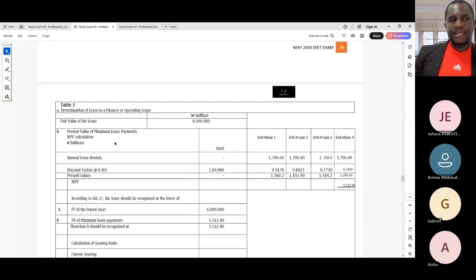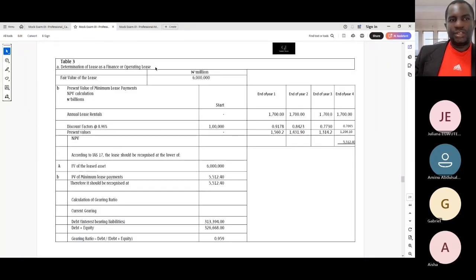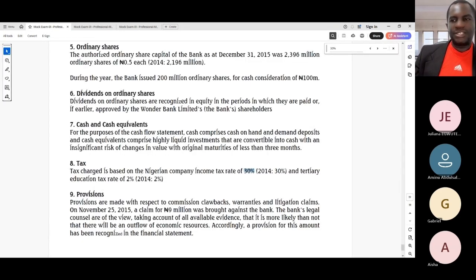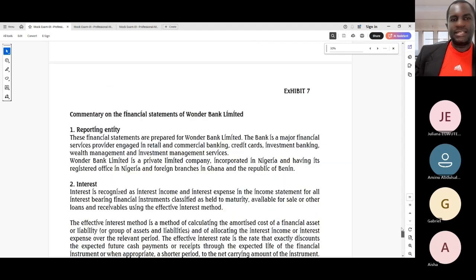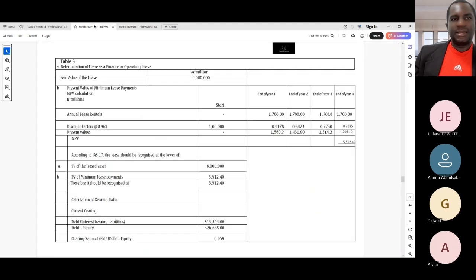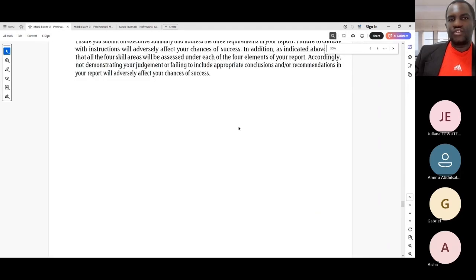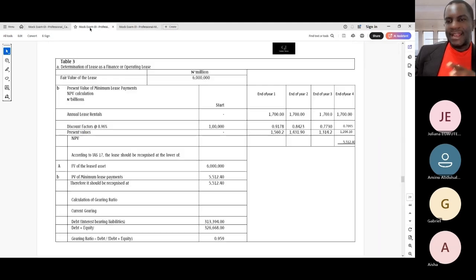Now table 3 is another pepperish talking about the determination of finance or operating lease. Don't forget that the examiner said something about finance or operating lease in his examiner's report. Though that was under IAS 17, but under IFRS 16 now, because if you test this question, you test it under IFRS 16.